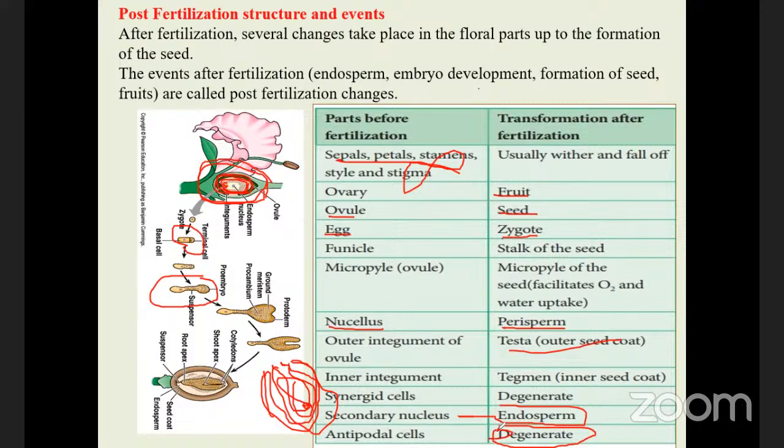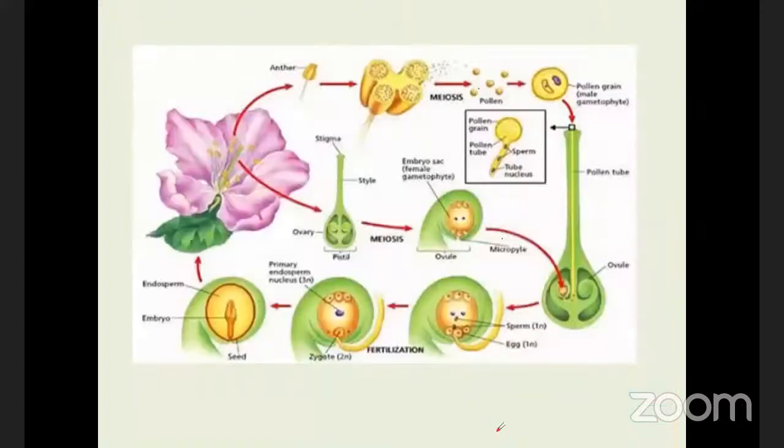Sometimes the second male gamete may fuse with the antipodal cells, and that time it may cause polyembryony. But usually the antipodal cells are vegetative cells only and do not participate in fertilization.